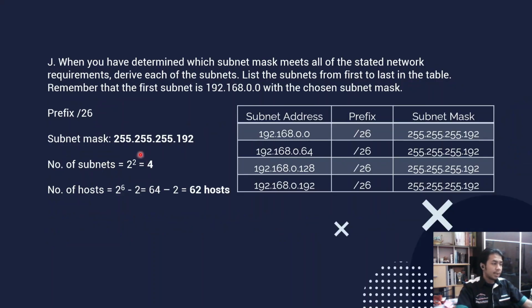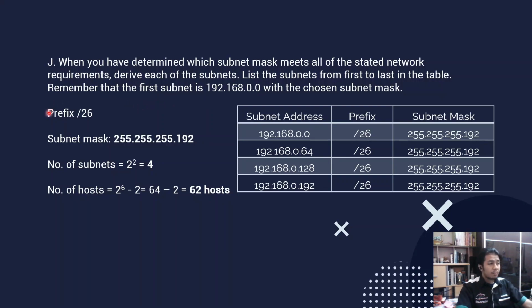So for question J, when you have determined which subnet mask meets all of the stated network requirements, derive each of the subnets. List the subnets from first to last in the table. Remember that the first subnet is 192.168.0.0 with the chosen subnet mask.